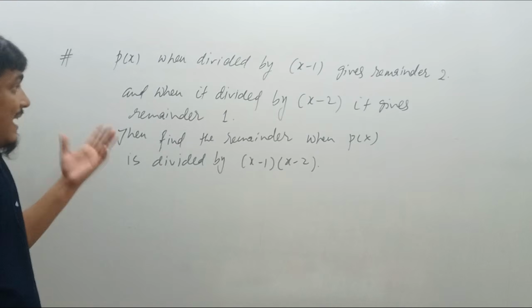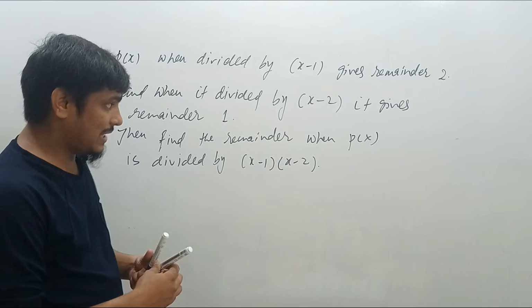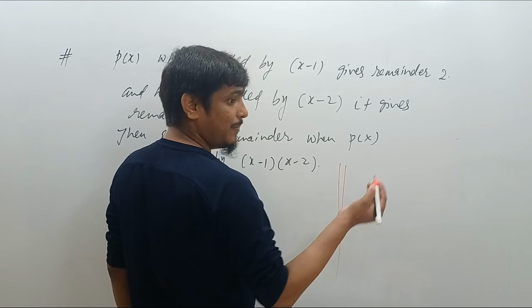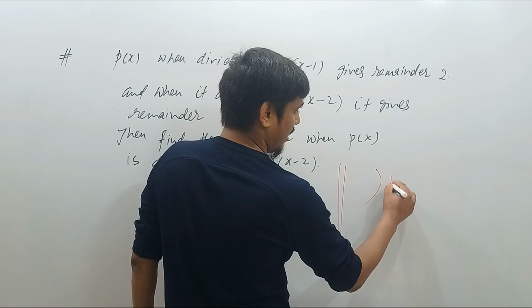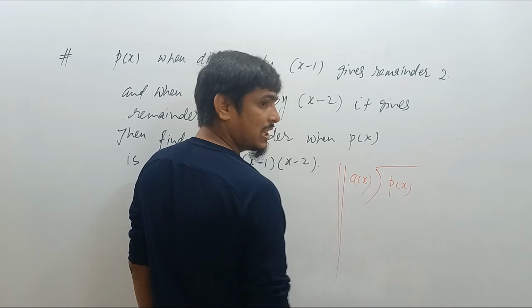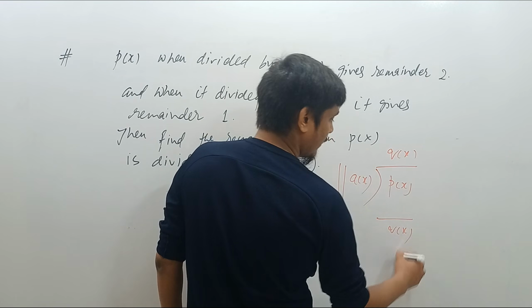In order to solve this kind of question, we need to again recall our division algorithm. What it says is that when a polynomial p(x) is divided by any other polynomial, let's say a(x), we get the quotient as well as the remainder.